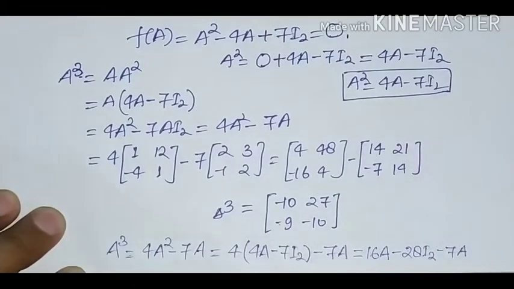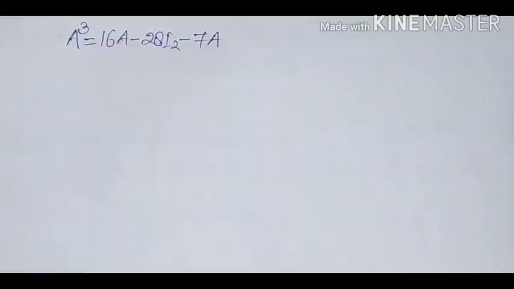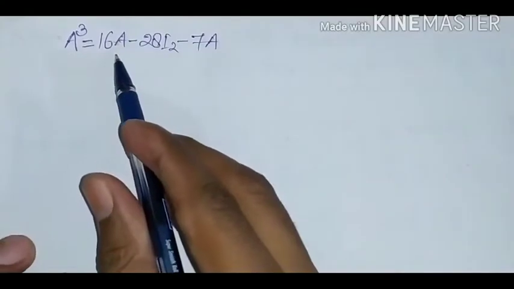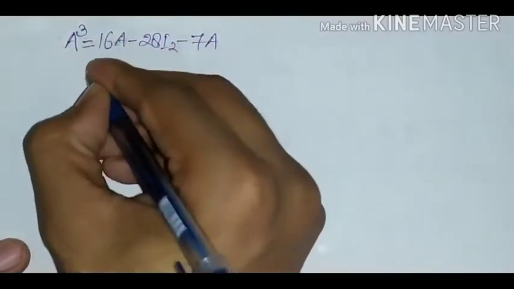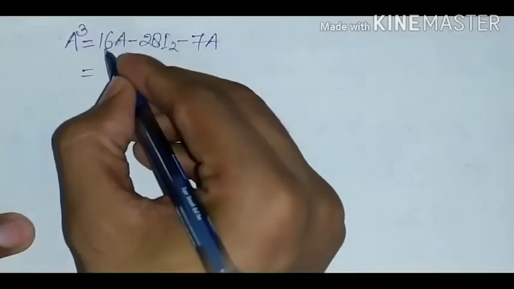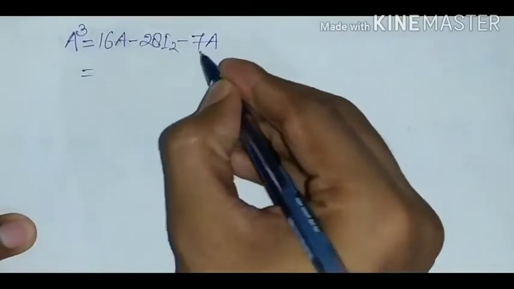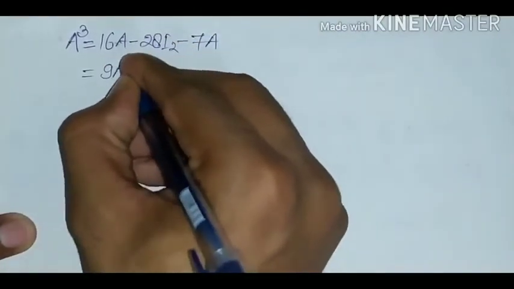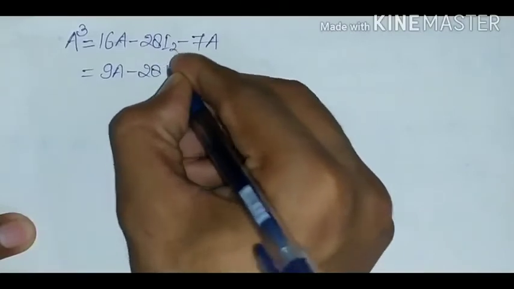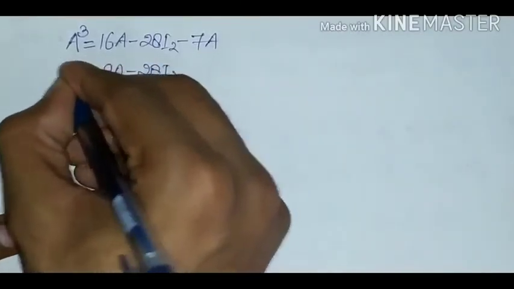Now a cube equals 16a minus 28 I2 minus 7a, which equals 16a minus 7a will be 9a minus 28 I2. Okay, this is the value of a cube.